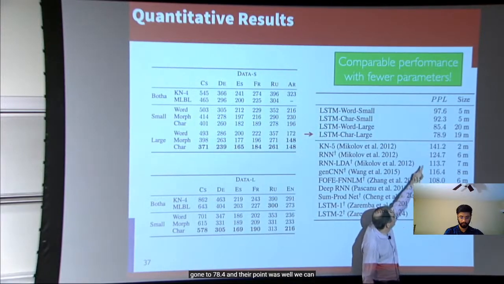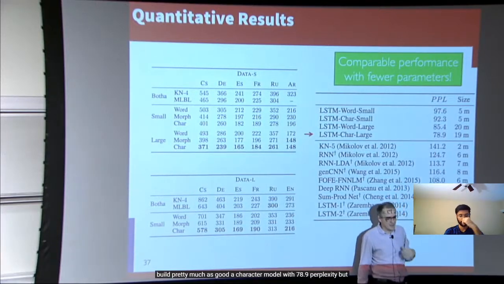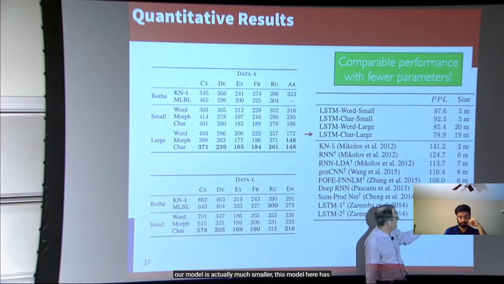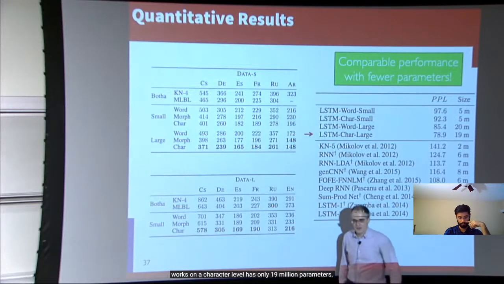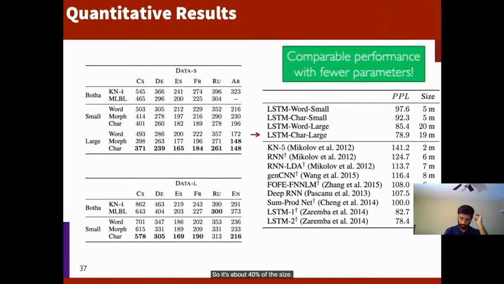And their point was, we can build pretty much as good a character model with 78.9 perplexity, but our model is actually much smaller. This model here has 52 million parameters, whereas our model that works on a character level has only 19 million parameters, so it's about 40% of the size, and that seems kind of interesting.